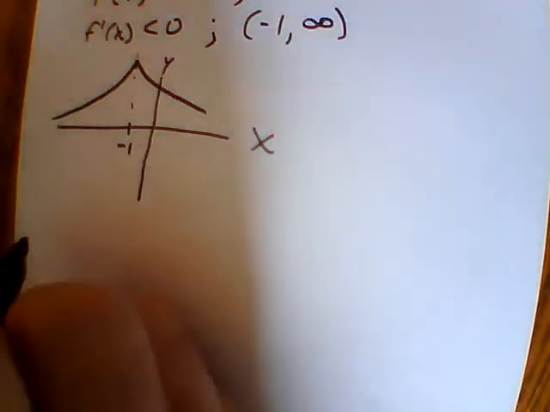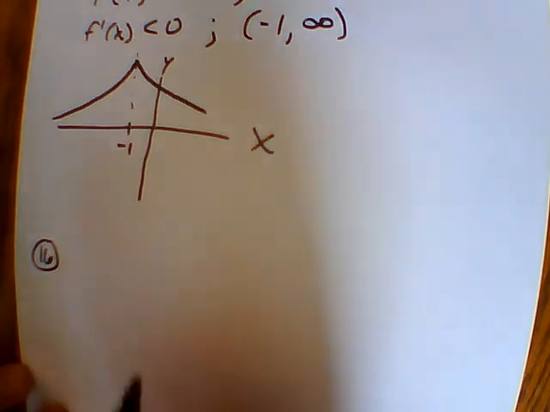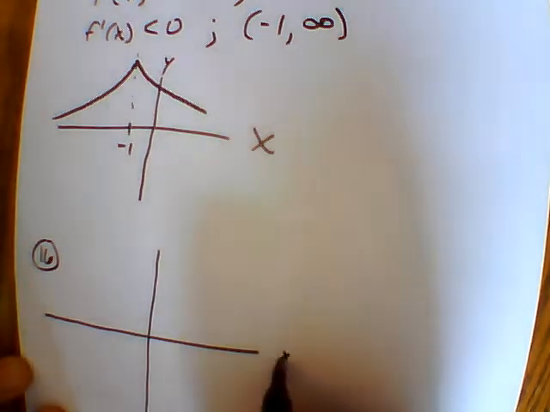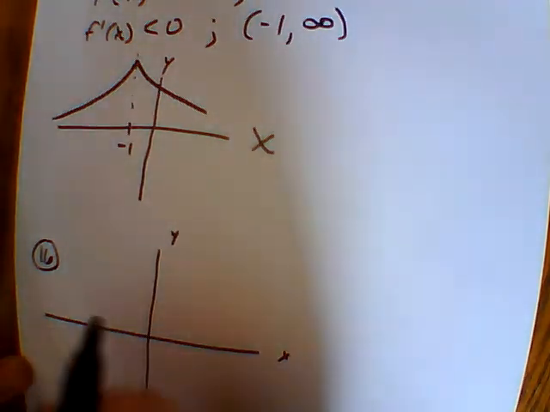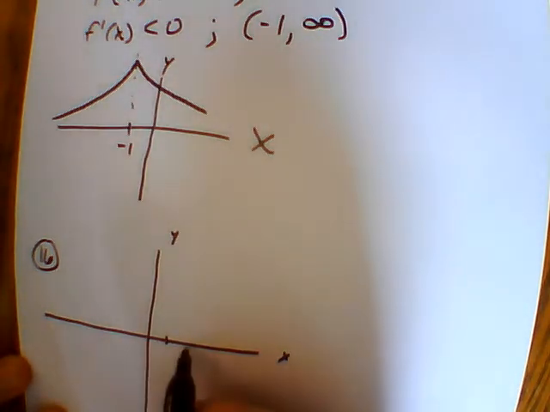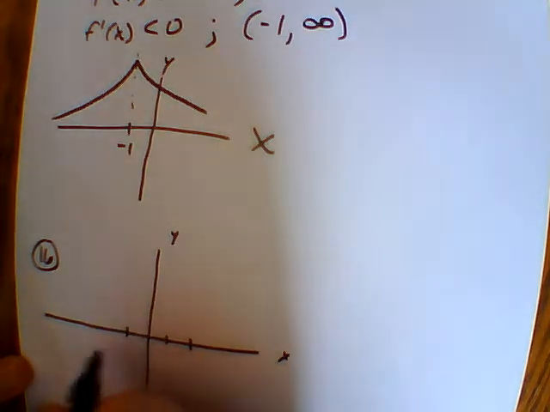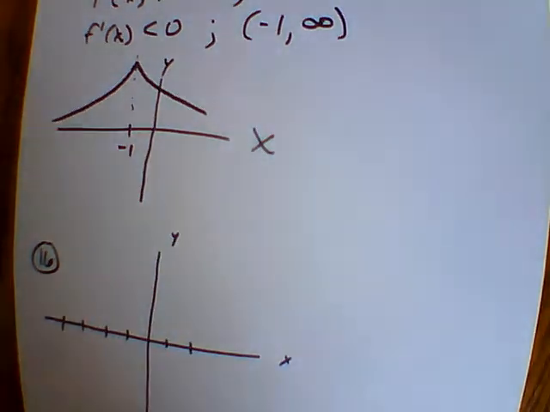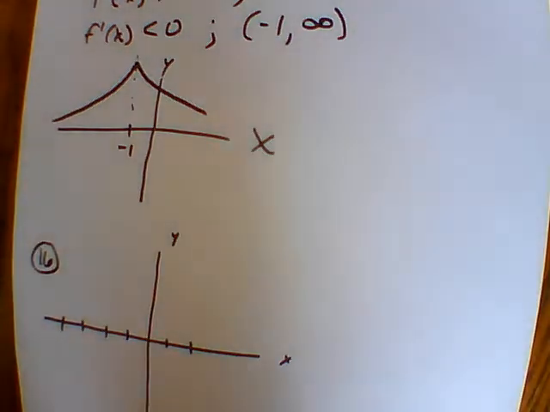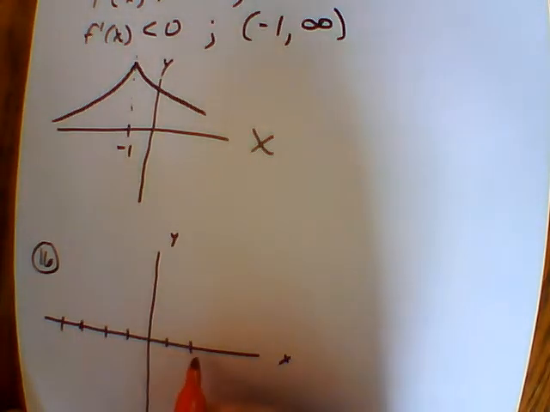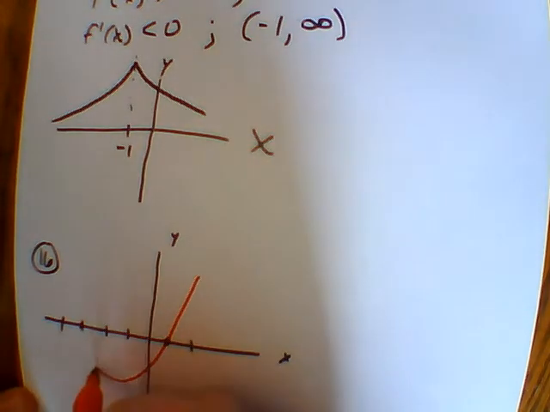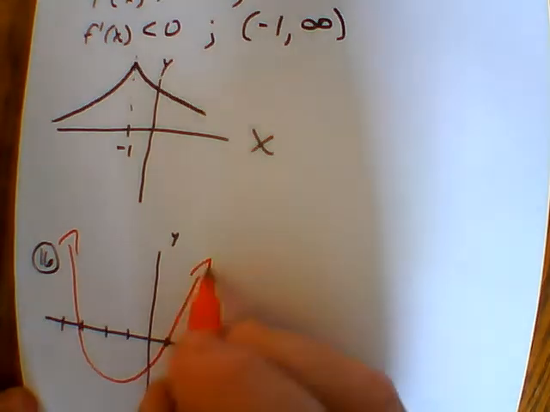Other cases, if we look at number 16, what they do here is they give us our xy plane, and then they give us some values as we're looking at it. Just quickly drawing this out, we see that they give us this main graph that starts right here. We have a couple zeros on this, and we see this curvature going like this.